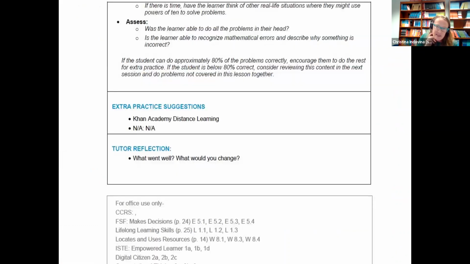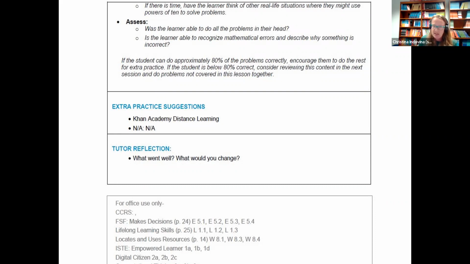At the end, you're going to see that assess is a part of every lesson plan. This helps you gauge whether the learner is ready to move on. If your student can do the things under assess to 80% accuracy, they're probably ready to move on.